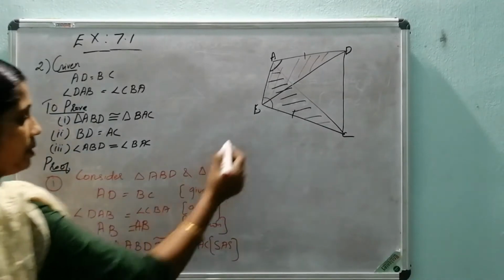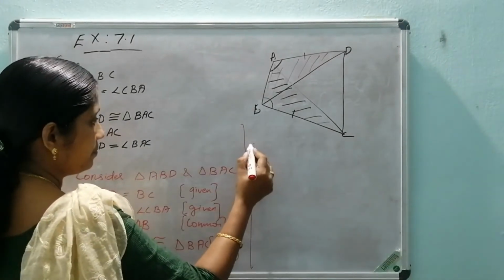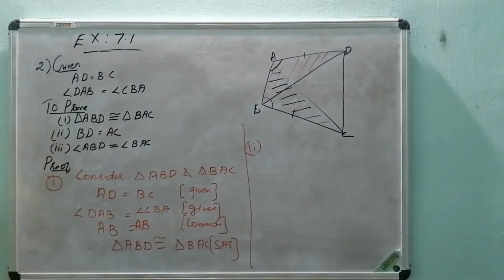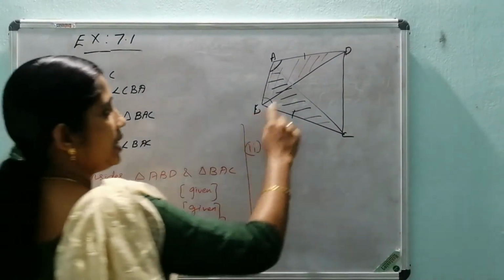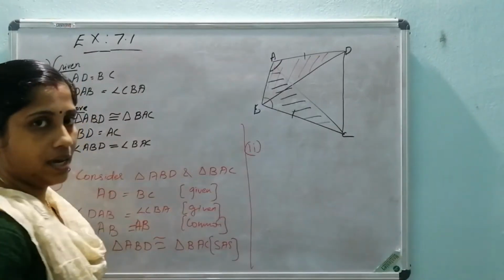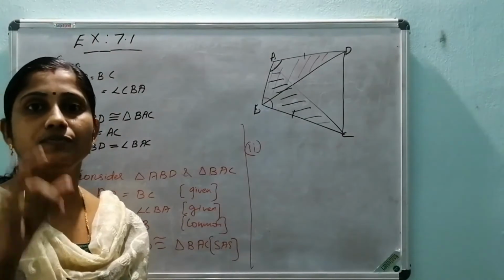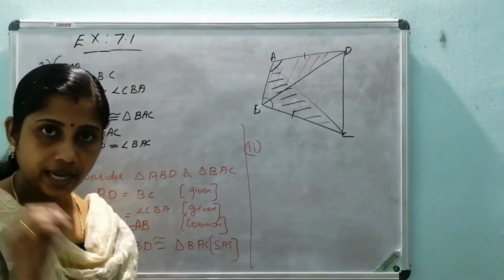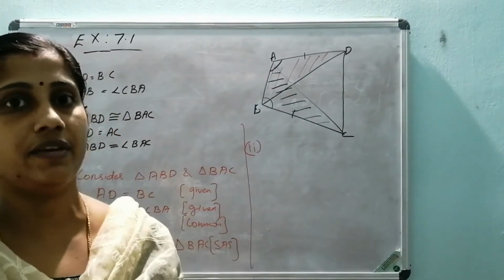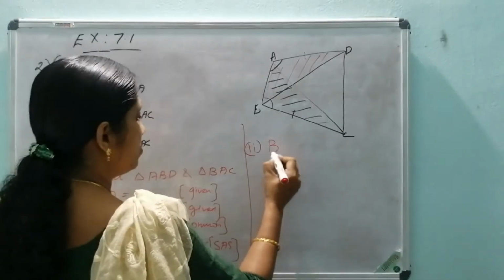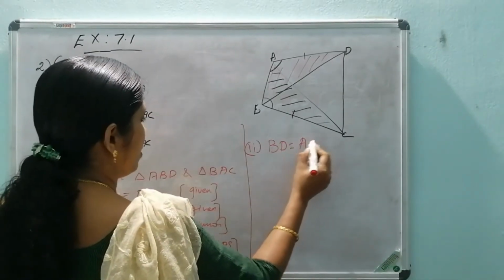Then look at the second part. What is the second part? BD is equal to AC. Look at BD and AC. BD and AC are the two sides of the congruent triangles. Since the triangles are congruent, we can say that BD is equal to AC.